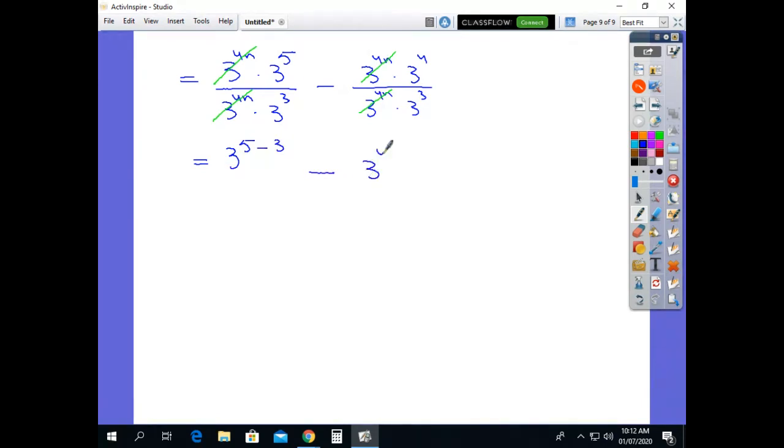There are again the same bases, we subtract the powers. Now we see it becomes 3 raised to power 2 and 3 raised to power 1. 3 raised to power 2 becomes 9, that is 3 multiplied by 3 becomes 9, and 3 raised to power 1 is 3. After subtracting 3 from 9, we get the required answer 6.